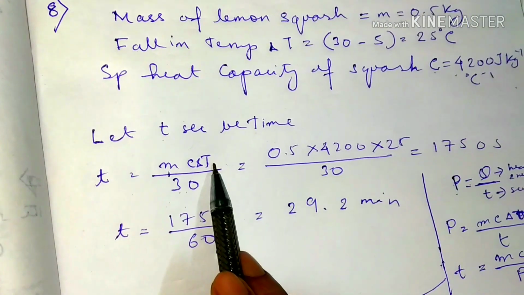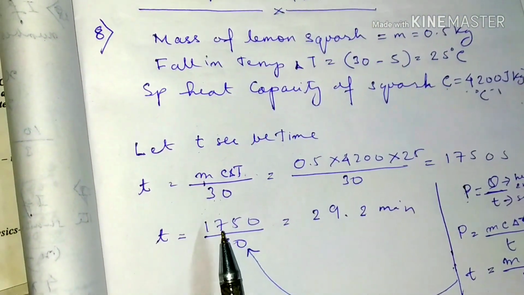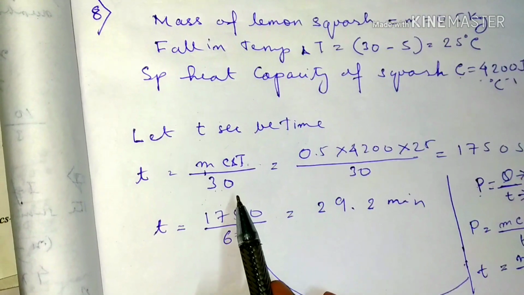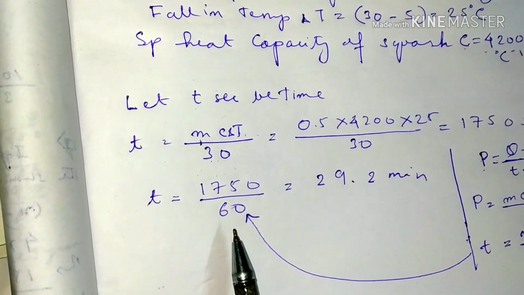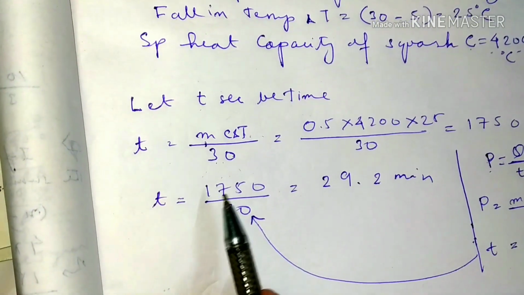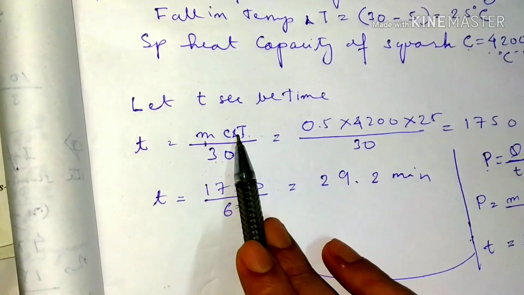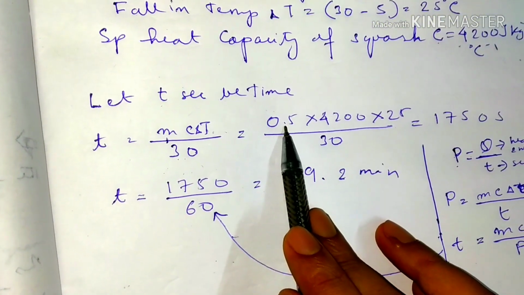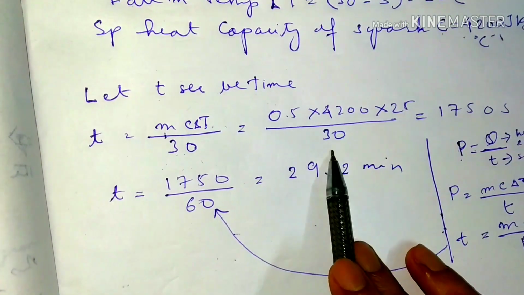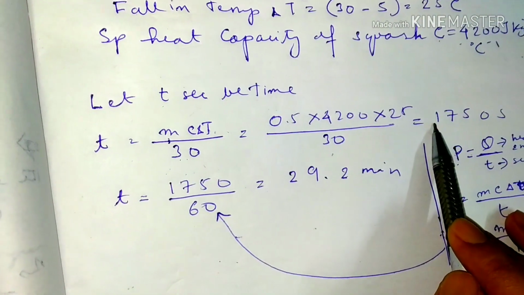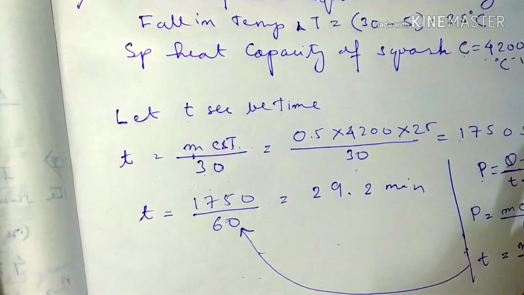MCΔT divided by 30. So T is equal to MCΔT divided by 30, which is 0.5 into 4200 into 25 divided by 30, equal to 1750 seconds.